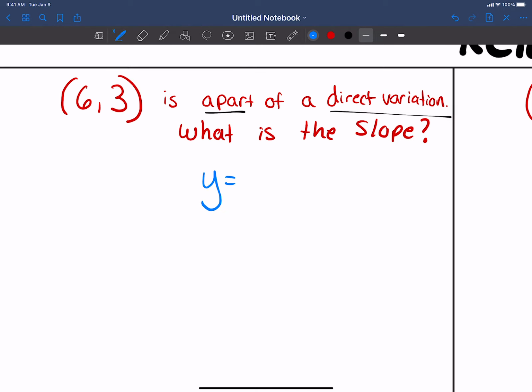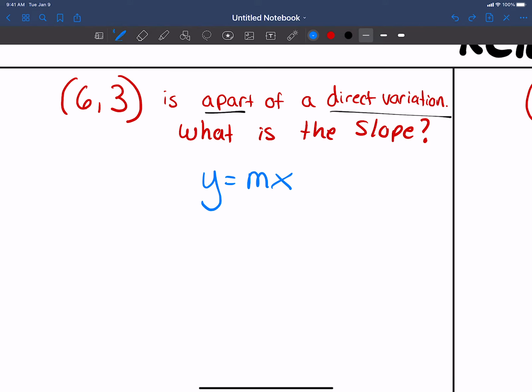Y equals... Okay, write that down. Y equals mx. No b, because what's b? Intercept. And it's 0. Hey guys, there's no b. What is b? Intercept. It's 0. We don't put plus 0. That's redundant, right?